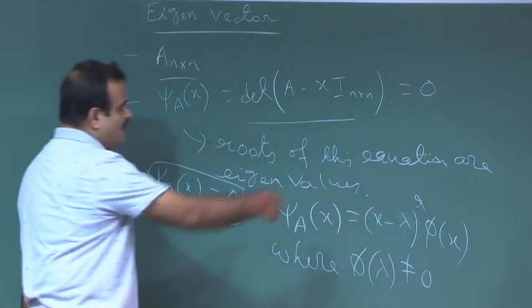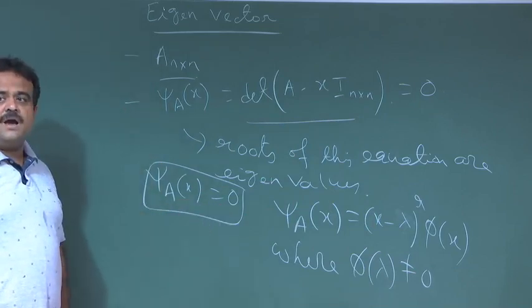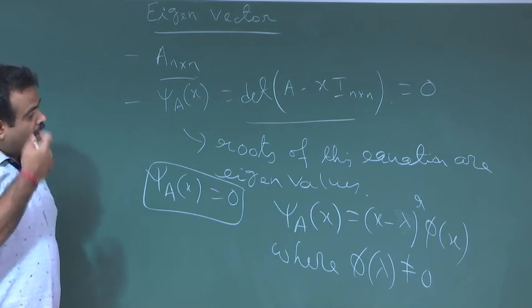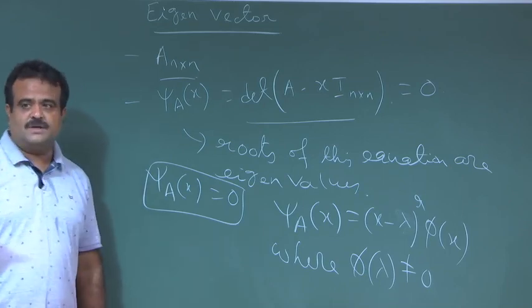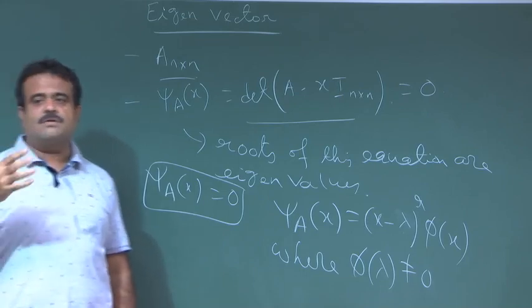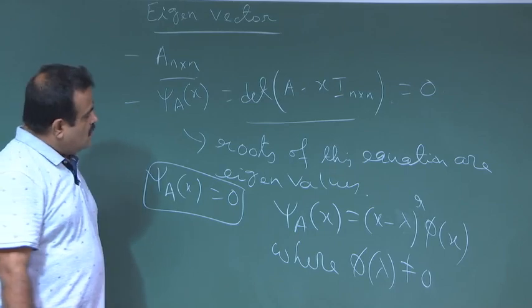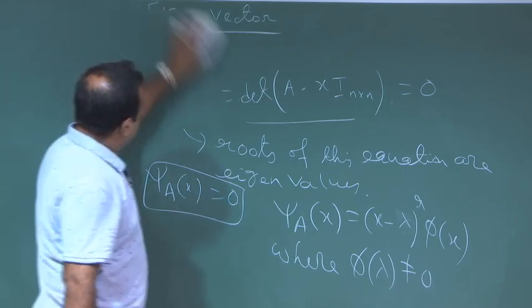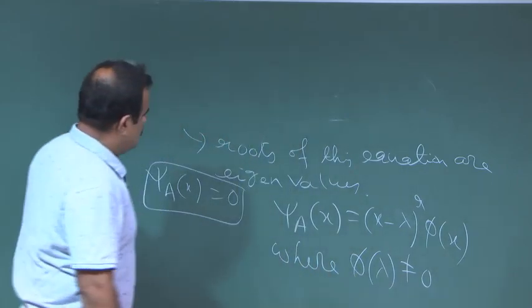Then lambda is a root with multiplicity r, and this is called the algebraic multiplicity. So lambda is coming r times. It has n roots, among them r roots are lambda, repeated roots. So this is called the algebraic multiplicity of an eigenvalue.